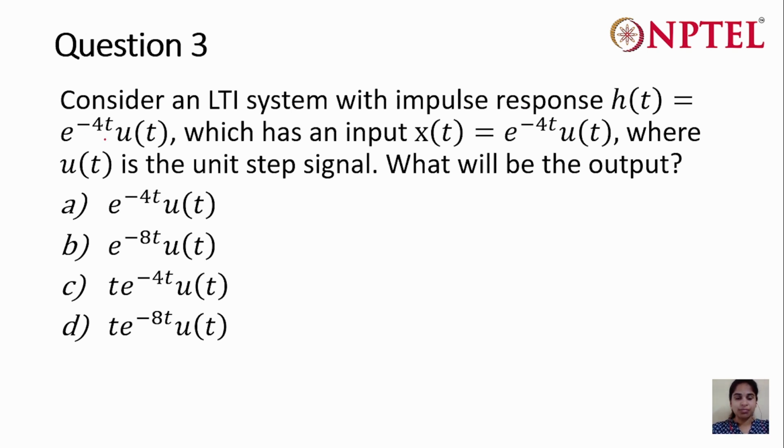The third question, consider an LTI system with impulse response h of t is e power minus 4t into u of t. The input that is given to the system is e power minus 4t into u of t. Basically, the input and impulse response are the same, where u of t is the unit step signal. What will be the output of the system?